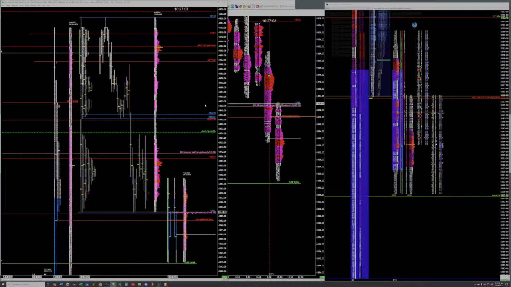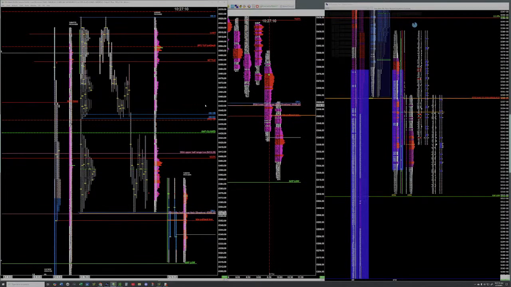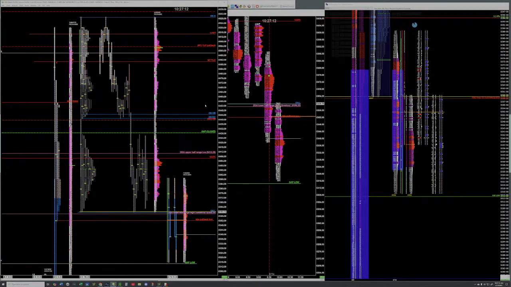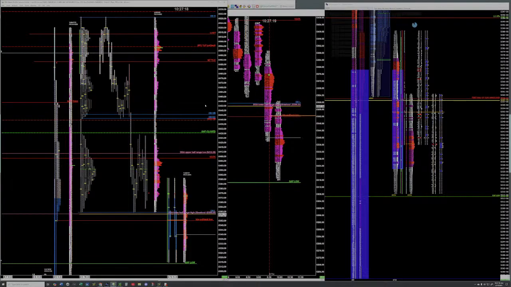But the market opened way up high relative to yesterday's initial balance. I don't talk too much about the initial balance, but there is something that happened there.